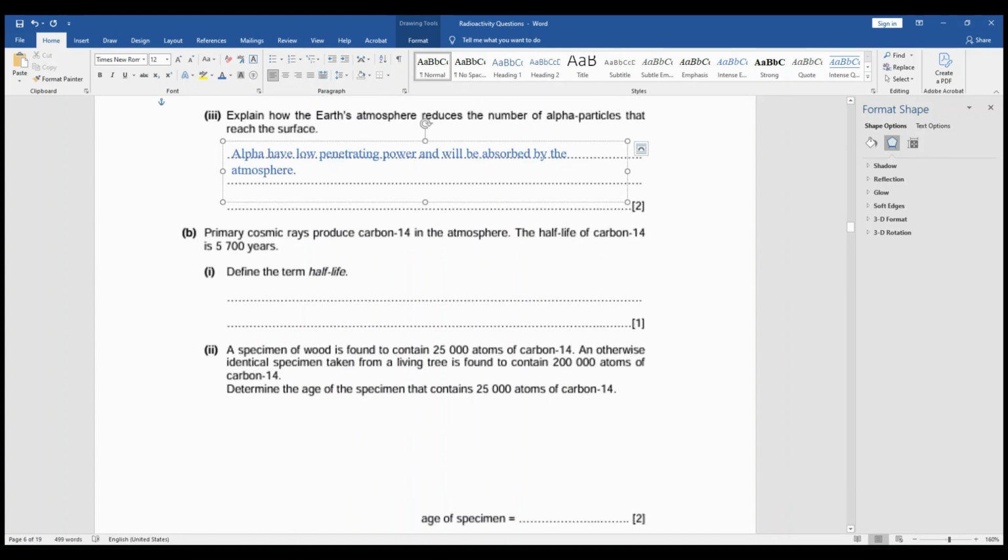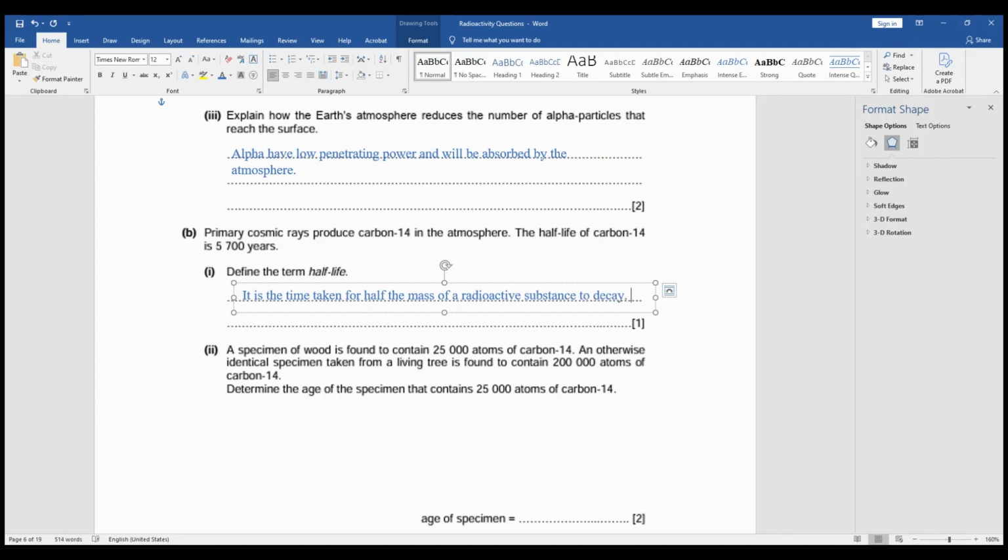What is half-life? Again, it is the time taken for half the mass of a radioactive substance to decay.